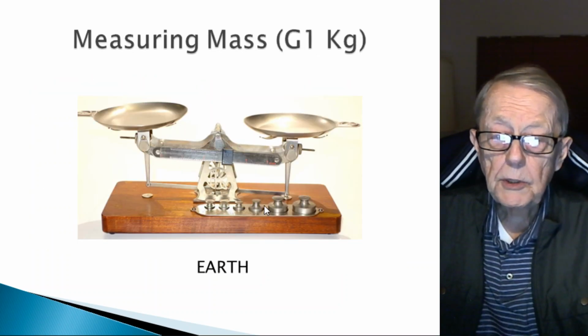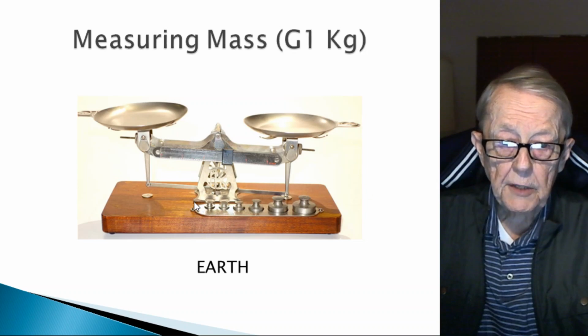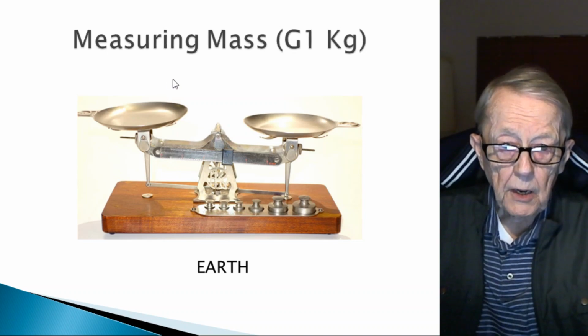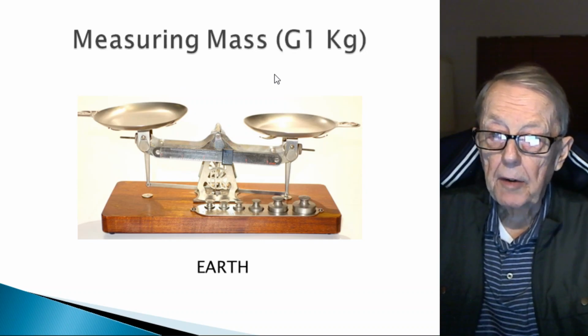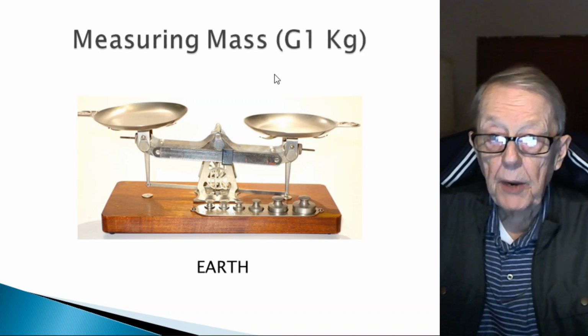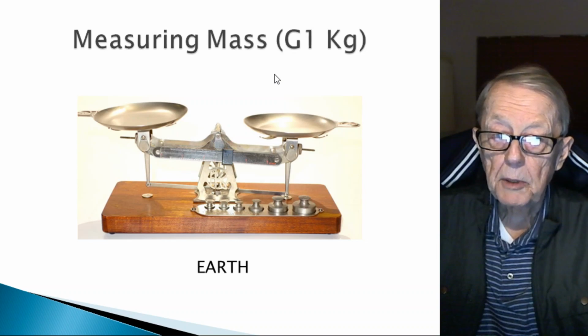And we use the kilogram standard weights, and you see this in this picture down here. This is an old chemistry lab scale for measuring objects of atoms. You could, in theory, weigh atoms, molecules, but more likely something larger like sodium chloride.